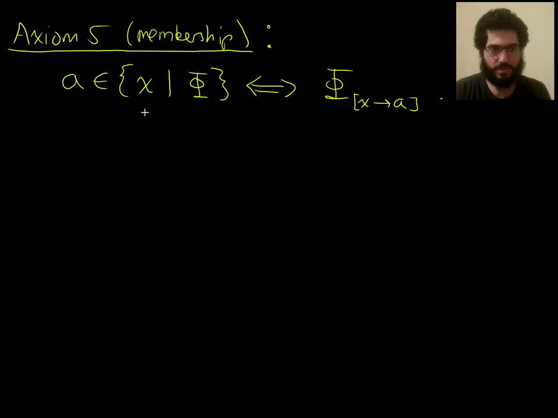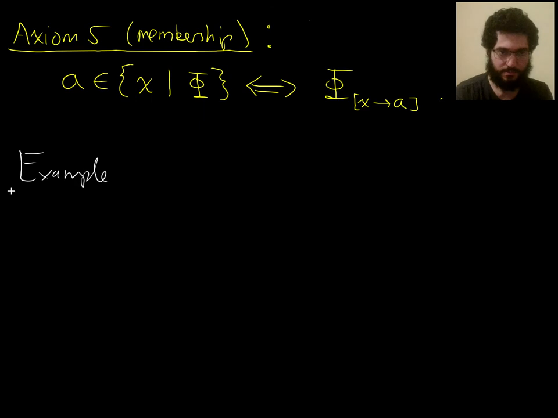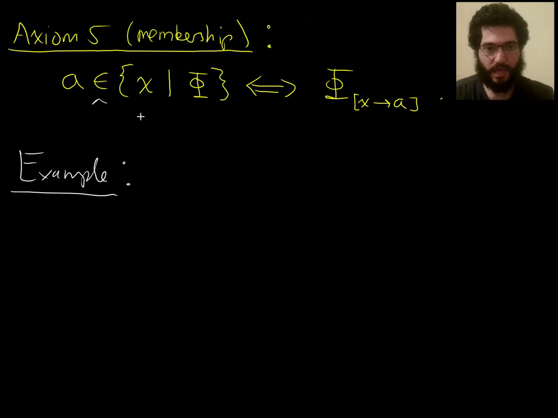Let me just show you a quick example. This axiom you can think of as sort of defining the way this symbol works and the way this notation works. So it's defining them each in terms of the other, kind of.